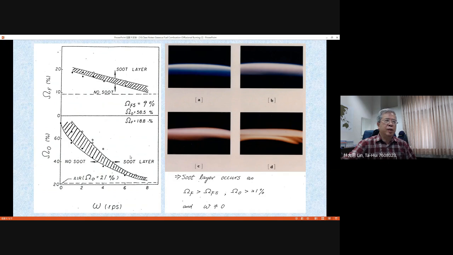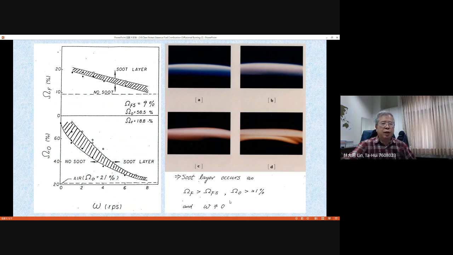Then this experiment gives some understanding of the criterion for a soot layer. Here they tell you the supply of fuel should be higher than stoichiometric. You need more fuel, then you can provide more carbon source, and the oxygen should be richer than the original air composition, 21%.